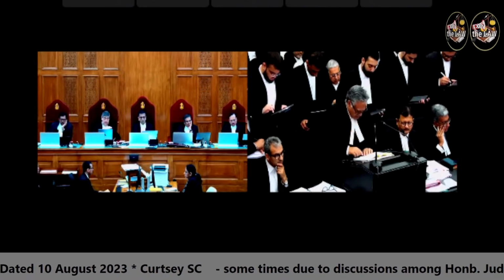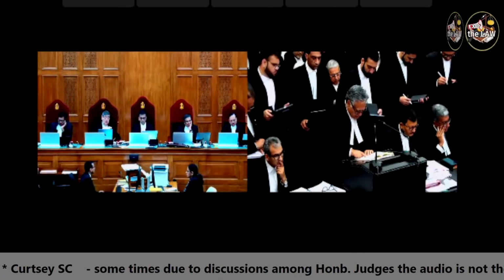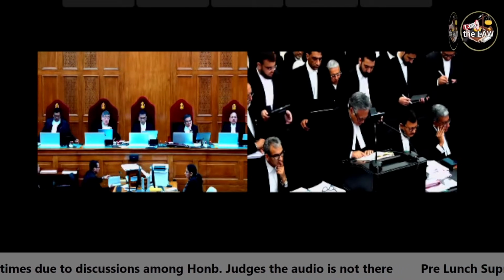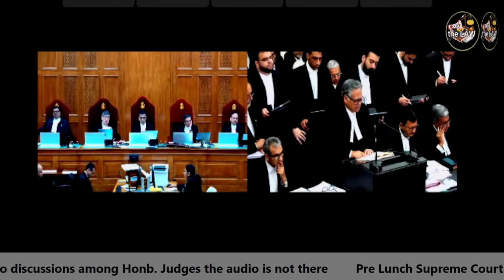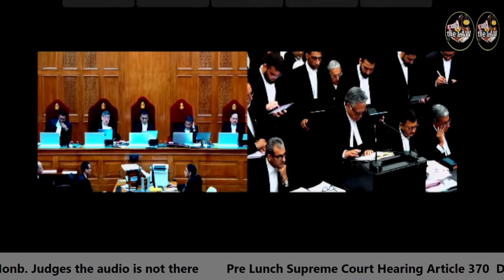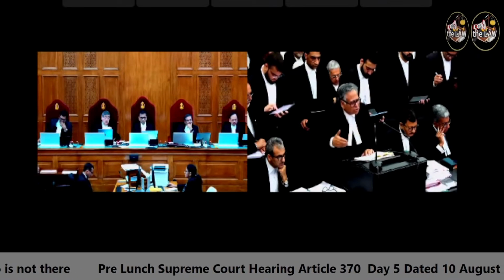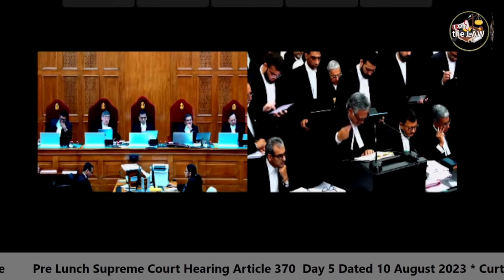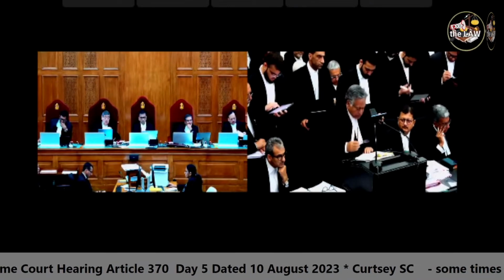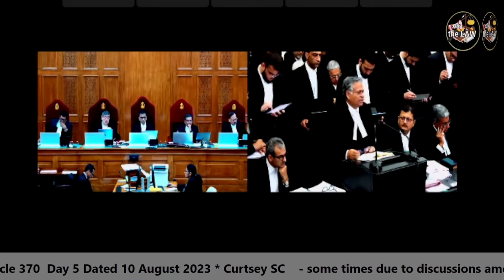Then, sir, if the concurrence of the government of the state referred to in paragraph 1 or the second proviso of that clause be given before the Constituent Assembly is convened for the purpose of framing the Constitution, this is again a very important expression used: while the Constituent Assembly of the state is framing the Constitution and you have given this concurrence, then you will have to place that concurrence before that Constituent Assembly, with jurisdiction in the Constituent Assembly to agree or disagree with that concurrence.